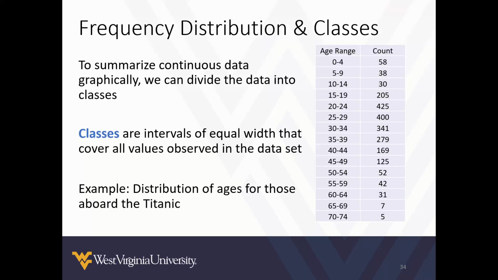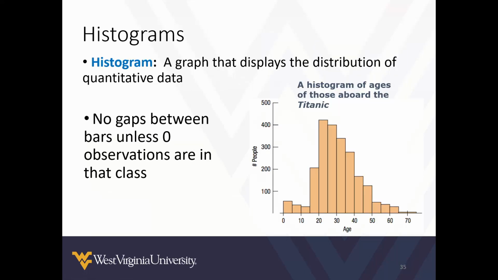It is important, though, that these classes are of equal width. So you couldn't make a class that goes from 0 to 9 and then 10 to 14, 15 to 25. They all need to be equal in order for them to be appropriate to graph with something, say, like a histogram. A histogram looks almost exactly like a bar graph.